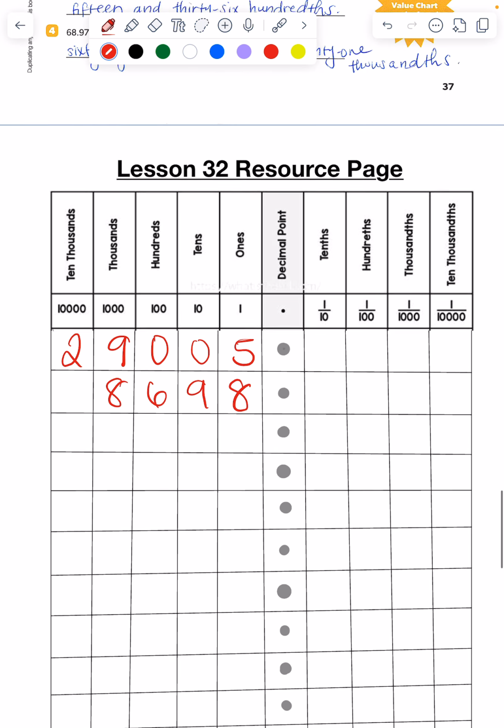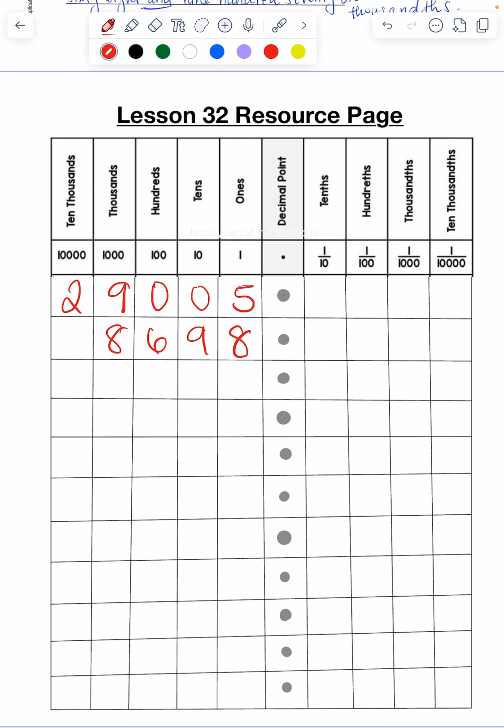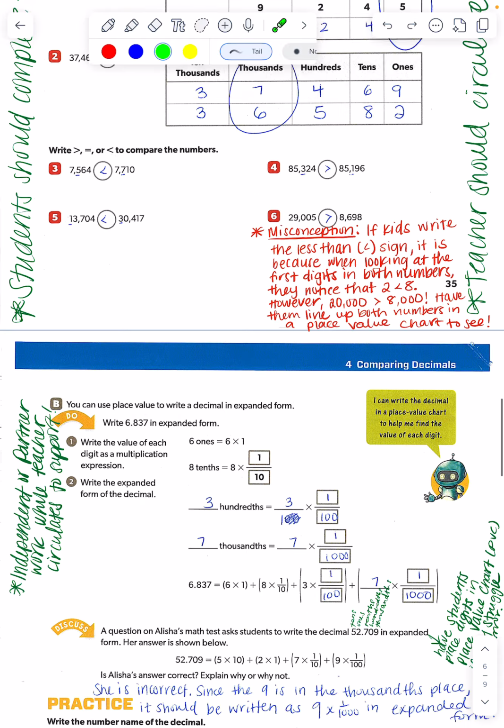Okay, so if they plug the number into the place value chart, what they will see if they are starting at the leftmost place value, which is the 10 thousandths place, what they will see is that our first number, 29,005, has 2 10,000s, whereas 8,698 has 0 10,000s. So actually 29,005 is our greater number, is our greater value. So the greater than sign should be there.